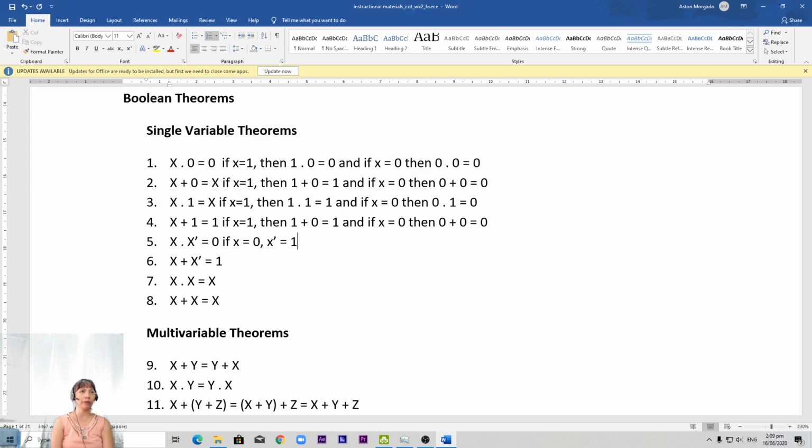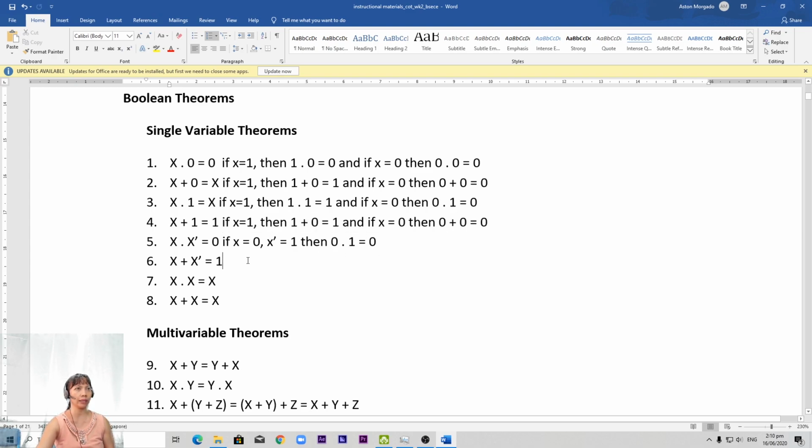So that means for x times x prime, if x is 0, then 0 times 1 is equal to 0. Or vice versa, if x is 1, then x prime is 0, then 1 times 0 is still equal to 0. Because any number multiplied by 0 is still equal to 0.